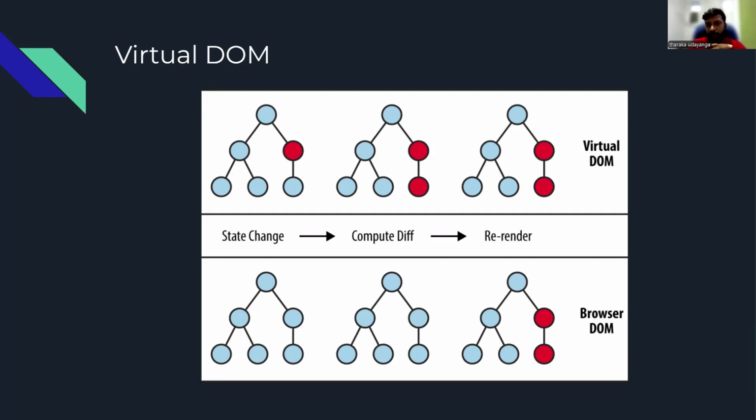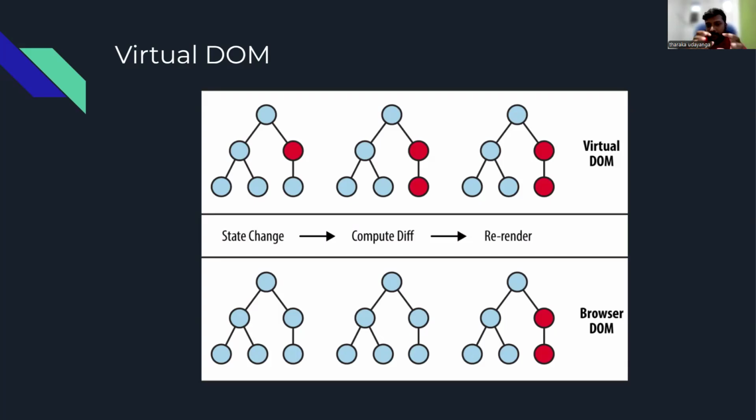For example, if we have some changes in the state, we already have a virtual DOM, as I told you, a copy of the real DOM. If there is an update, React creates a new virtual DOM and compares the old virtual DOM with the new one. So then we can get the difference.